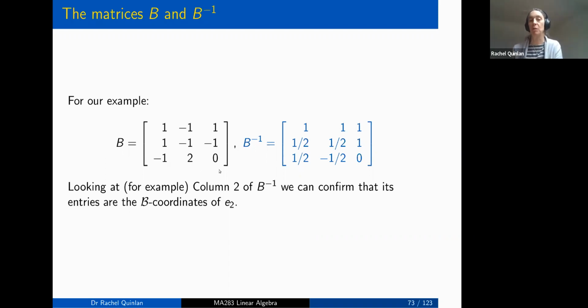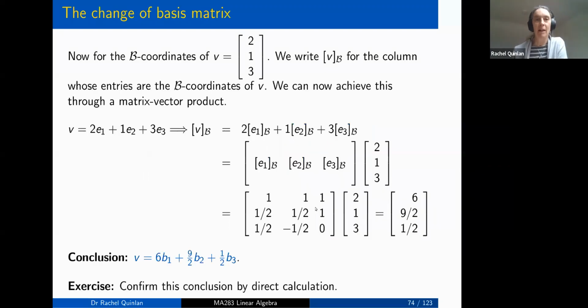So sure enough, we get 1, 0, 0 as the linear combination of the columns of B whose coefficients are the entries in the first column of the inverse of B. So of course we can confirm that directly for this particular example. Okay, once we know that, let's go back to the question of, given some vector V in R3 written in its standard form, how can we write its coordinates with respect to the basis B?